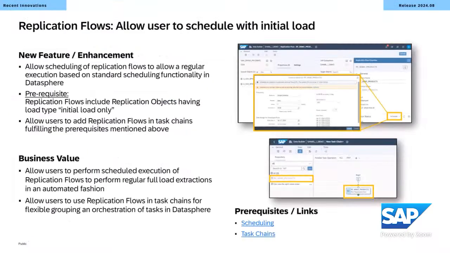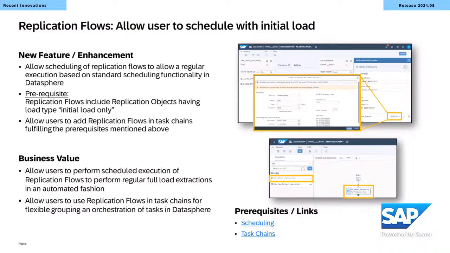A couple of user stories and requirements I want to talk about today, also in the context of replication flow. The first one is about the scheduling that has now finally been delivered. I think there was a lot of demand from a lot of customers. With this enhancement, we have provided the ability to have a scheduled execution of replication flows for performing regular full loads.